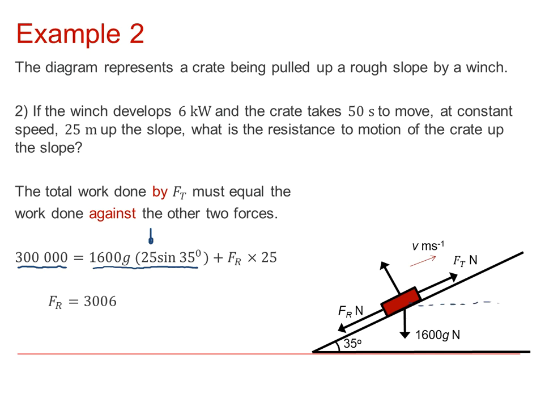So if you wanted to consider it that way, the height that we go through, h, would be equal to 25 sine 35 degrees, and then if you multiply that by the weight, 1600 g, so that's mg, then mg multiplied by h would be 25 sine 35 multiplied by mg, 1600 g.